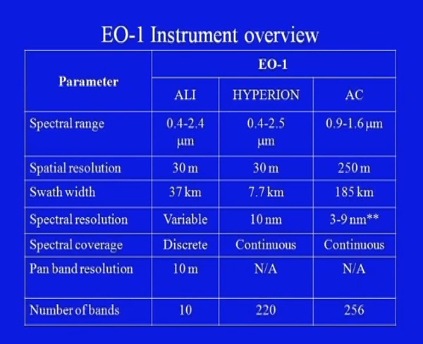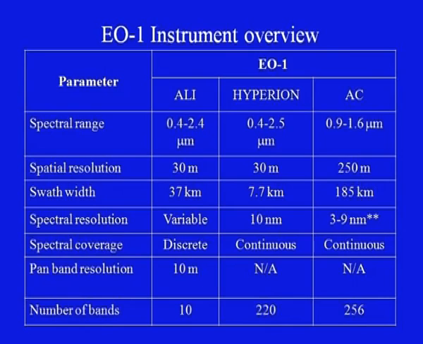The spatial resolutions are 30, 30 and 250 meters respectively, with a swath width of 37 kilometers for ALI, 7.7 kilometers for Hyperion and 185 kilometers for LAC.